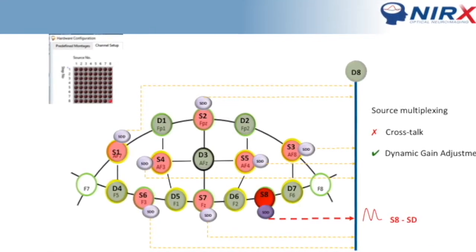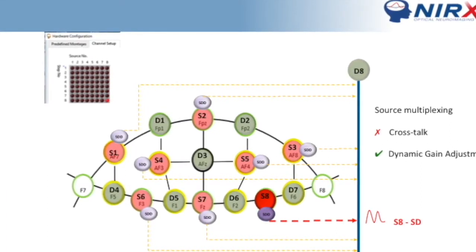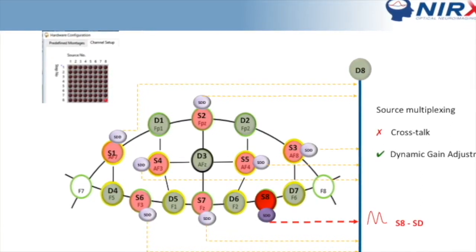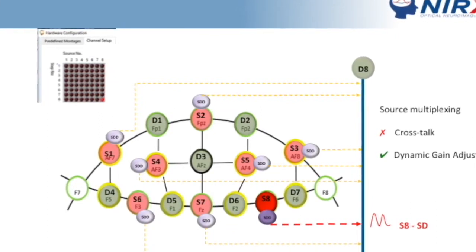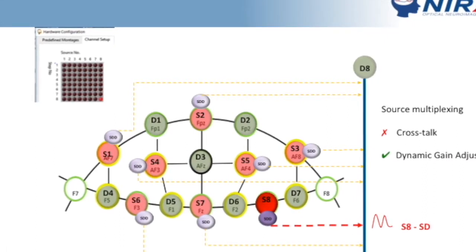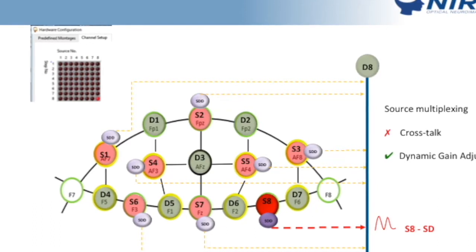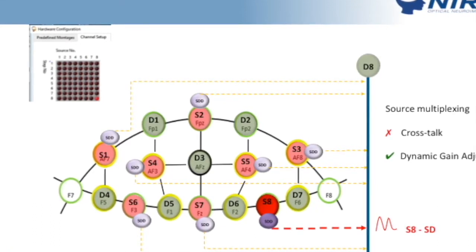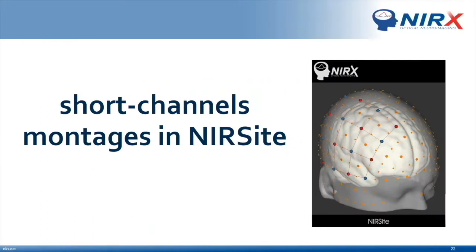Another advantage of time multiplexing is that we could adjust the gain dynamically. Since we have only so much control over how well the short detector makes contact with the head, different short detectors may give different coupling efficiency. However, since each one is looking at different sources, when you switch over to the next source, this detector can adjust the gain. And to create these short channels, now we'll have to move on to creating a montage in NIRSite.